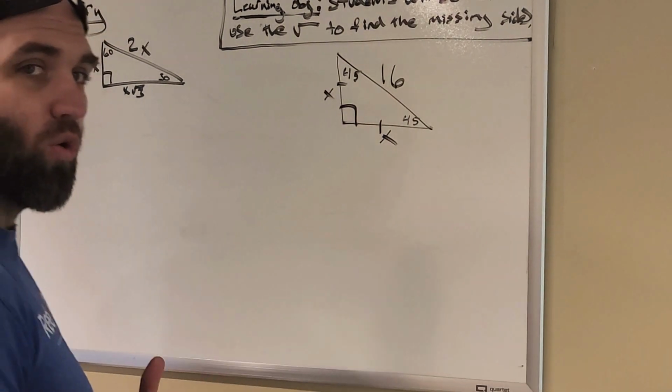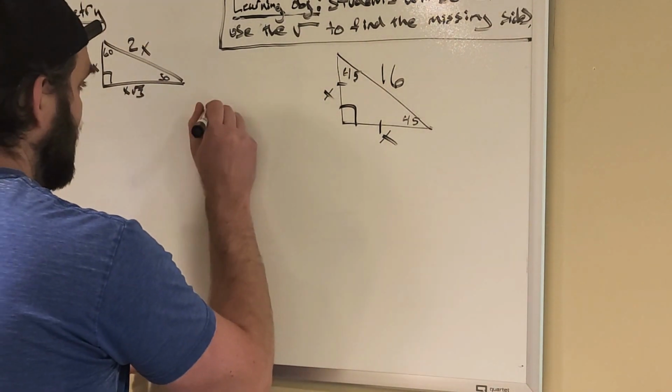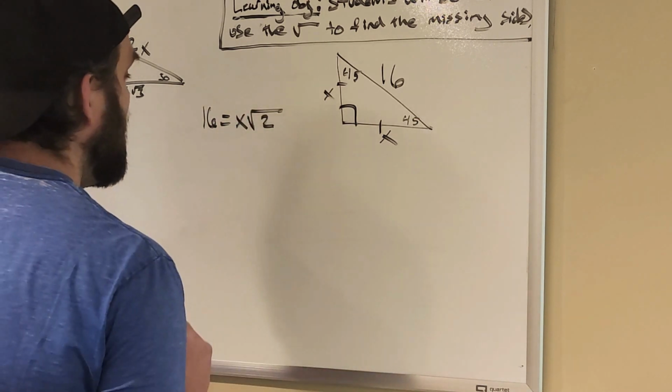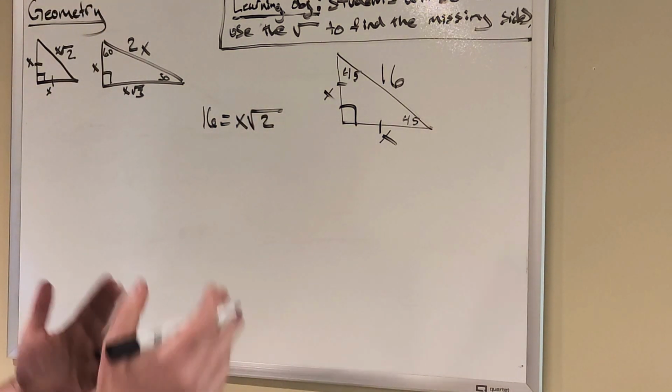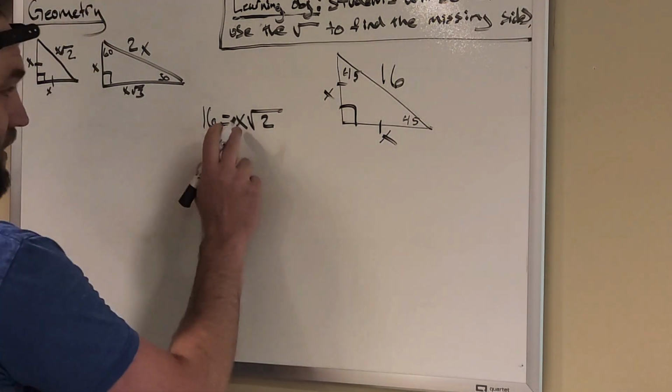Why don't I set up an equation that shows that? So 16 equals x times the square root of 2.